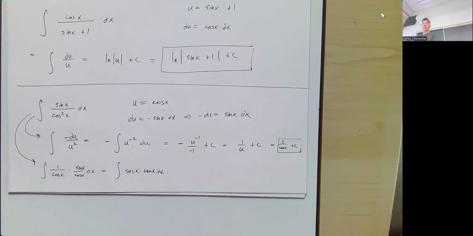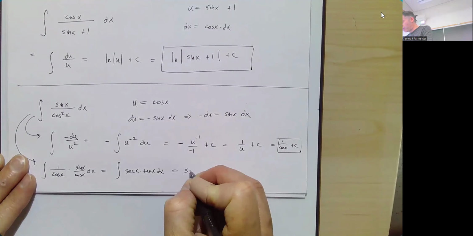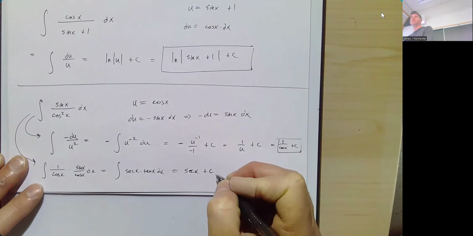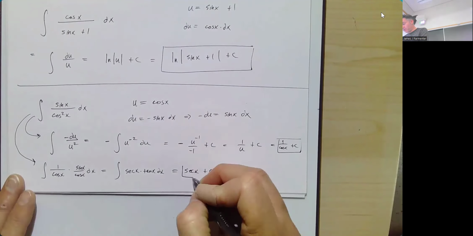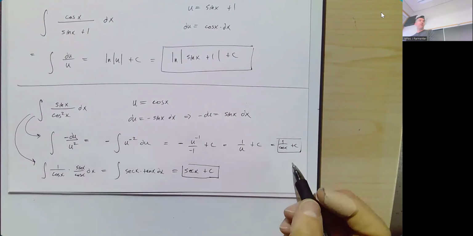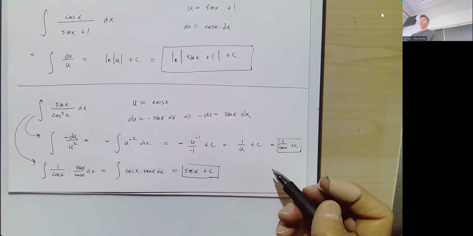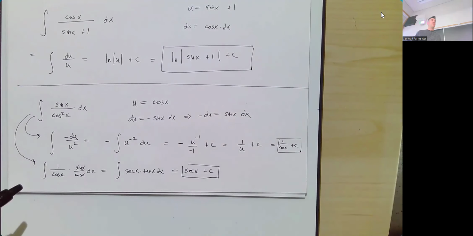And we know that the antiderivative of secant times tangent is just secant, because the derivative of secant is secant times tangent. Again, I don't think this is the right way to do this problem. It's not wrong per se, I would just never see it this way versus the other way. But I will point out, these answers are the same. 1 over cosine is the same as secant. So either way you see this is a fine way of doing it.